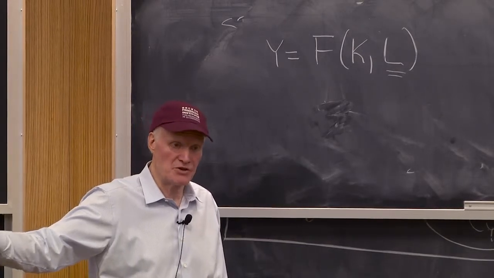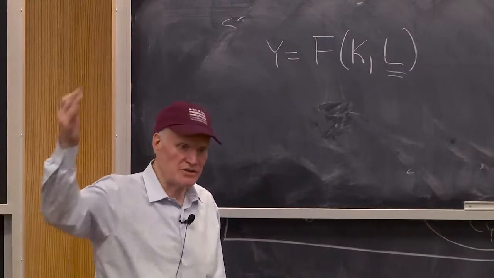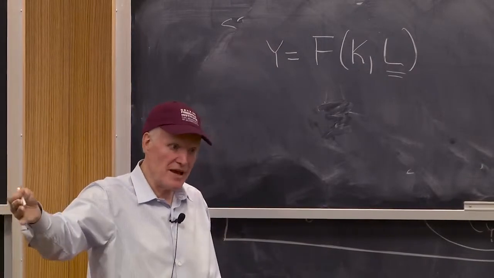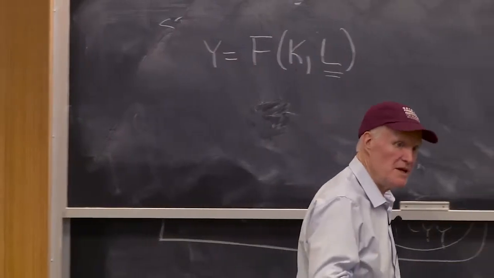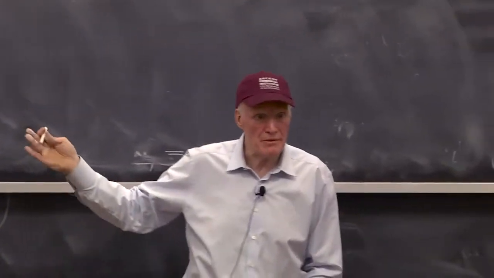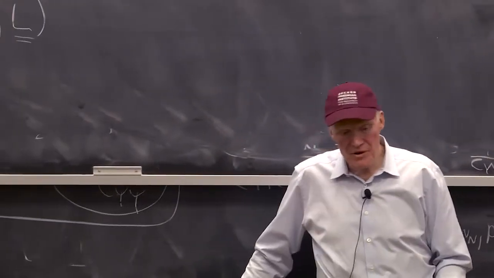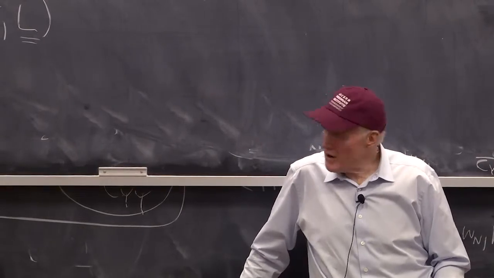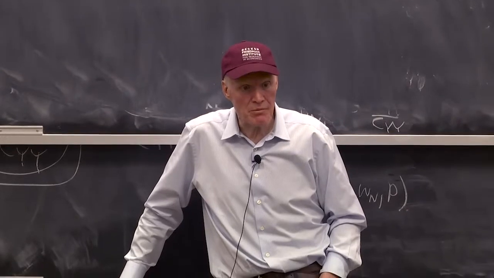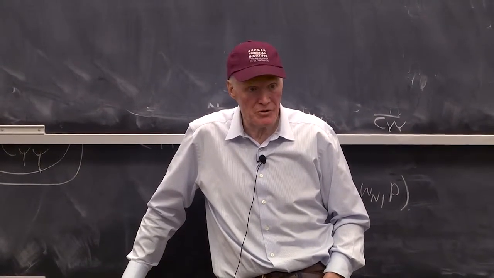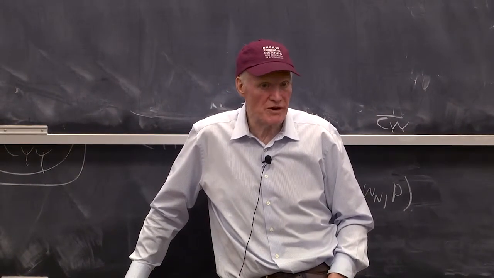Why we wanted to measure hamburger and steak, we didn't just add pounds of hamburger to pounds of steak. We had to multiply by the relative price of the two different kinds of meat. Same is true for capital. But it's important to recognize that the prices that you would want to use to aggregate are not the capital prices, right? Whenever you talk about a capital good, there are two notions of prices.